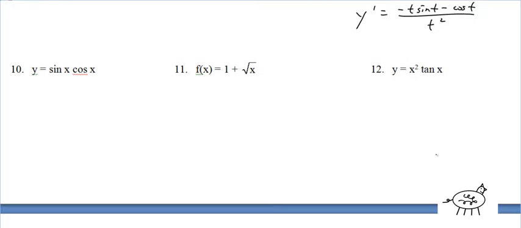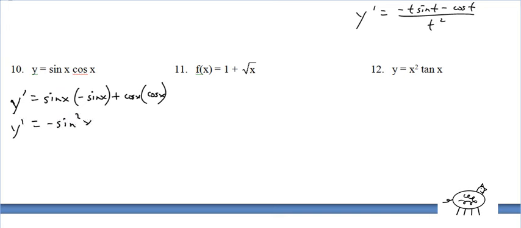Okay, number 10. Again, you can use the product rule. So y prime is equal to the first times derivative of the second plus the second times derivative of the first. So you get y prime is equal to negative sine squared of x plus cosine squared of x.